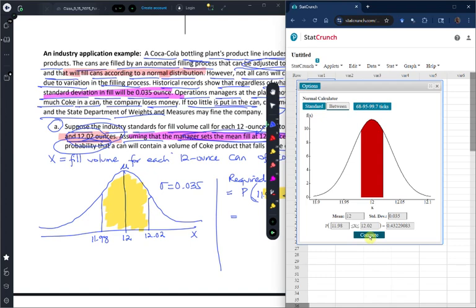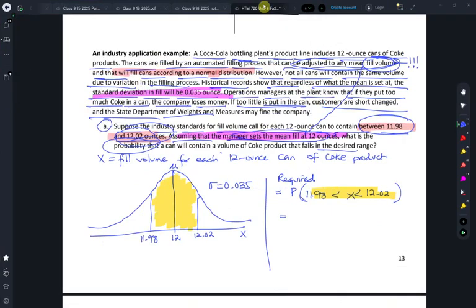So this is equal to 0.4323. So what is the interpretation of this? About 43.23% of cans fall in the desired range.